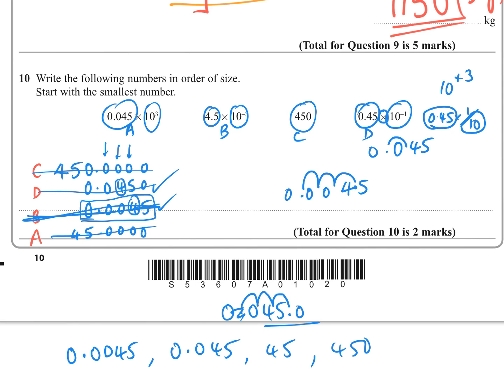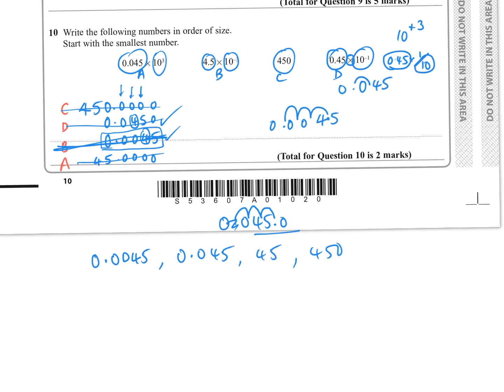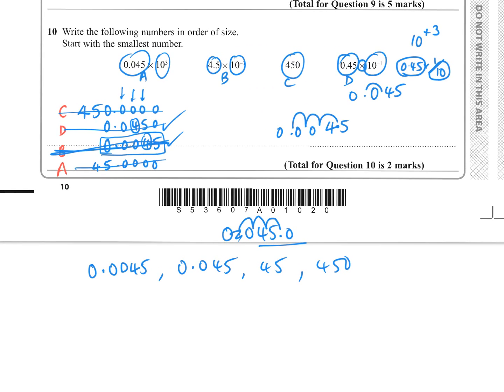And all you have to do is just make sure that you write the original numbers out, not the numbers you've just arrived at. That was just to help you. So you must write, I believe, which one tallied with 0.0045. Well, that was B, which was this one, which was 4.5 times 10 to the minus 3. So we can cross that one out.